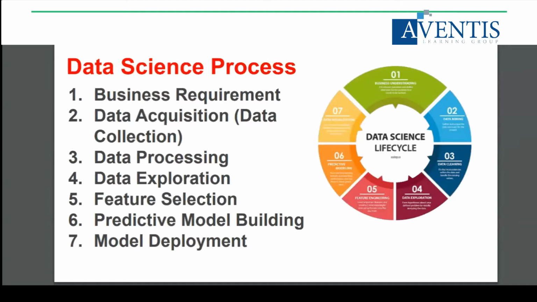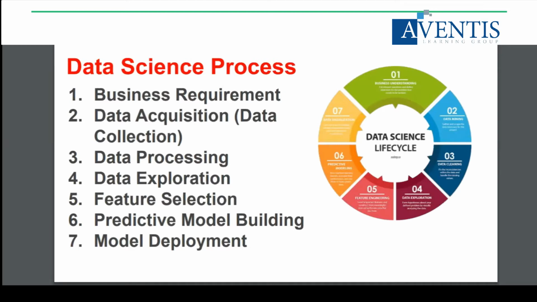Finally, with all those important features, we build the predictive model, and when the model is ready, we deploy it for testing purposes. So these are the seven most important components of the data science life cycle.